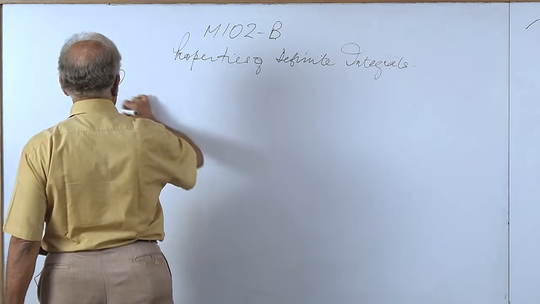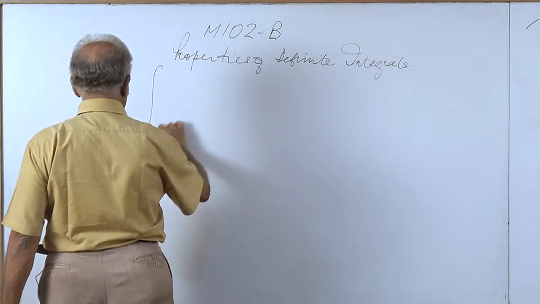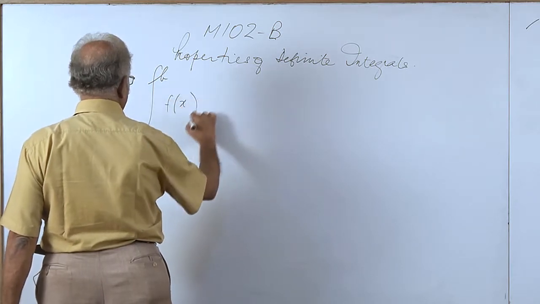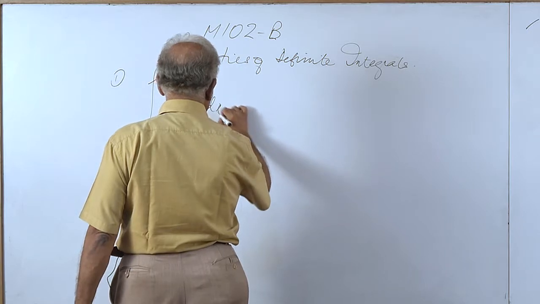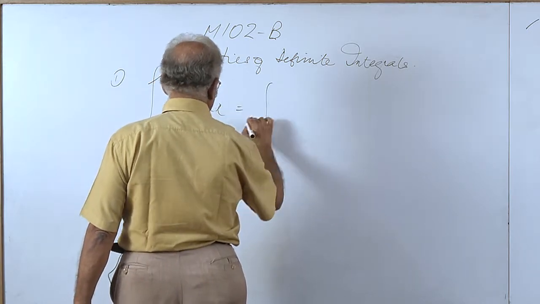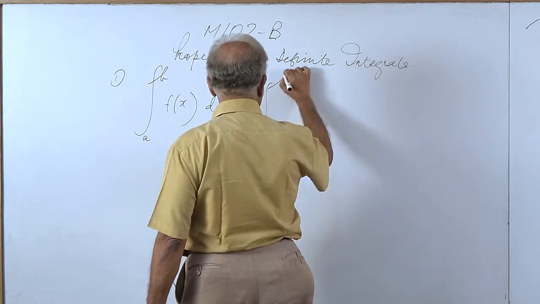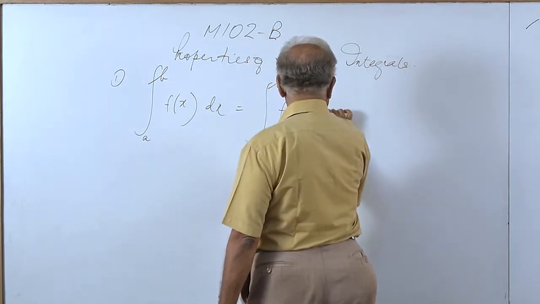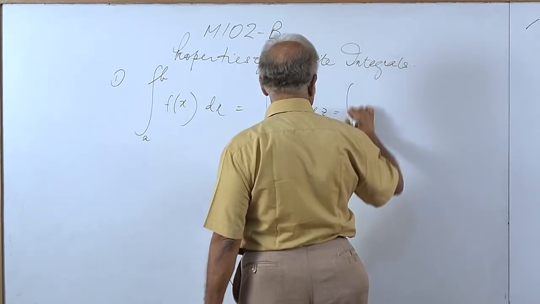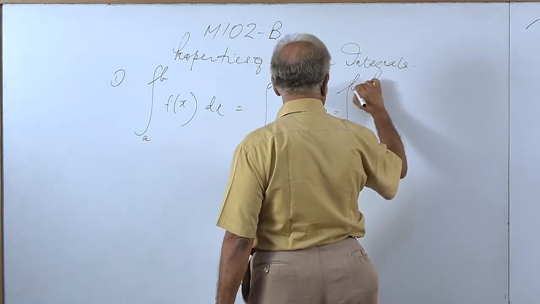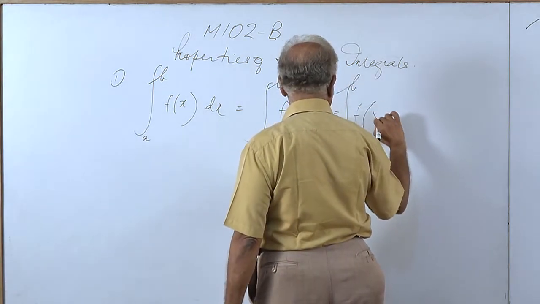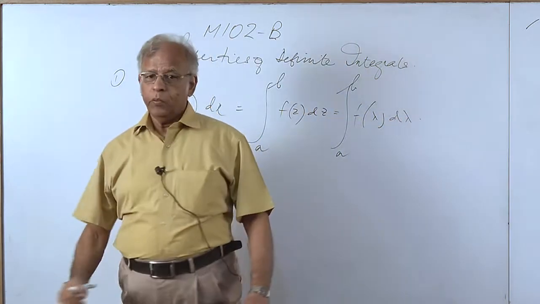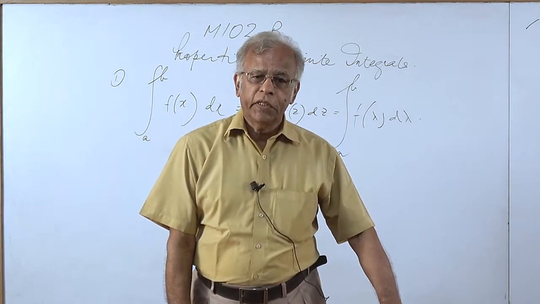The first property is integral a to b f(x) dx is the integral a to b f(z) dz is equal to integral a to b f(lambda) d lambda.